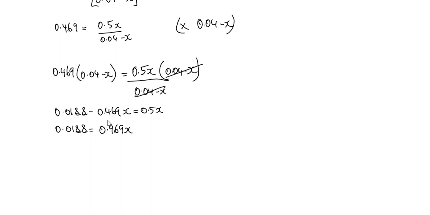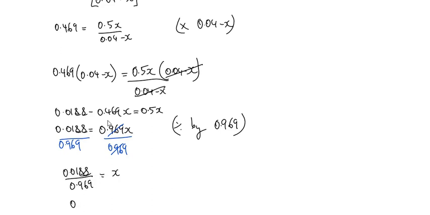So I've got the value of 0.969x, and to get the value of x I need to divide both sides by 0.969. So above and below the line will cancel out, so I'll just have x on the right, and that will enable me to get the value of x. And we get the value of x is 0.0194.